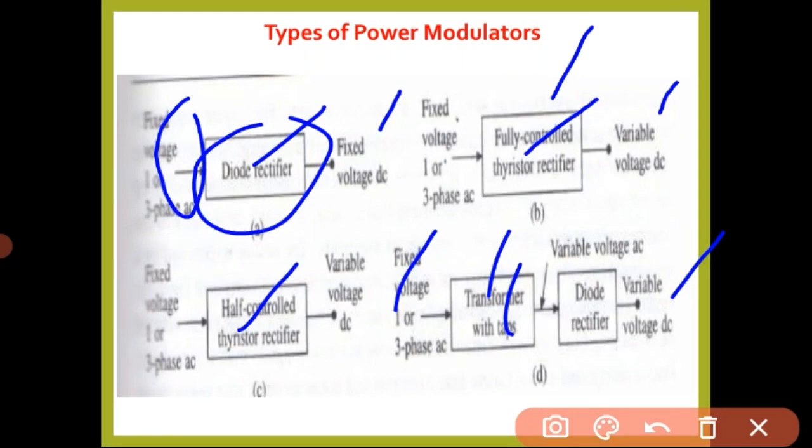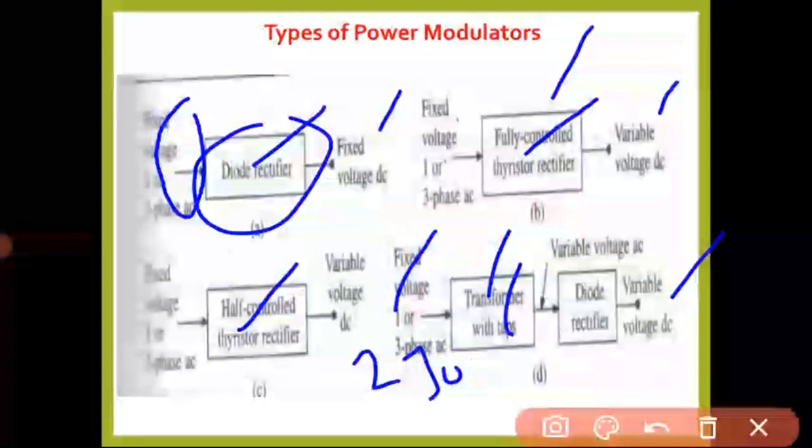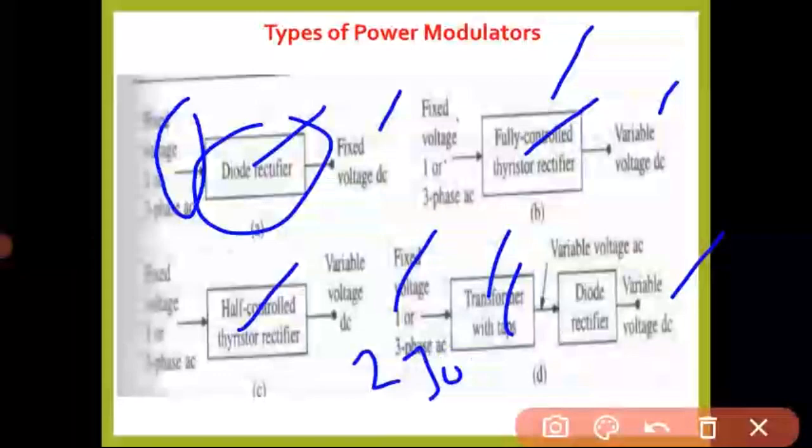How are we getting variable voltage? Here in the transformer we are changing the taps. For example, you are given 230 volts, or a three phase supply, and using the taps we can reduce this voltage. The output of the transformer secondary changes, because you are using a number of taps, and that is given to the diode rectifier. So the output voltage will be variable in nature.